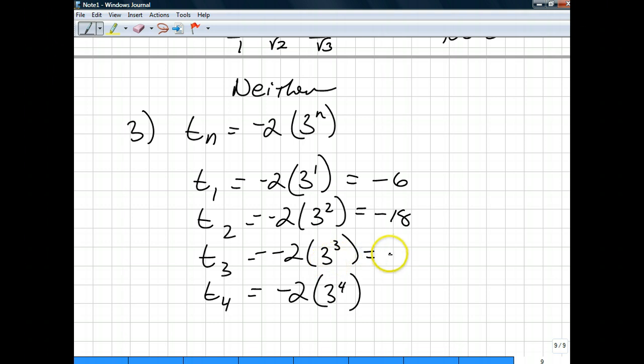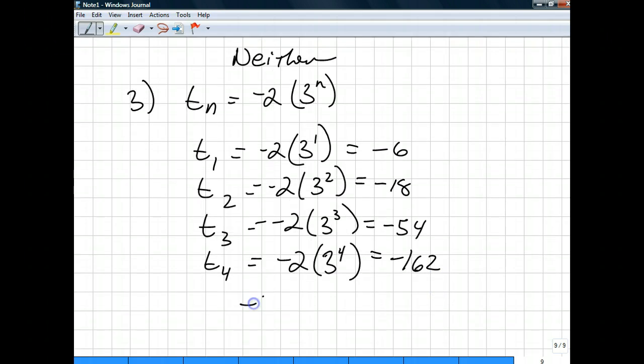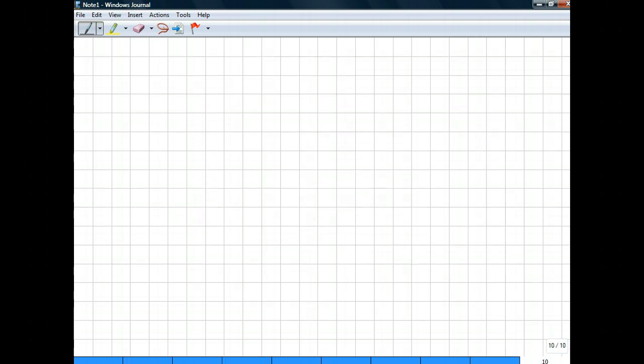This is 27 times negative 2, which is negative 54. And then we have 3 to the 4th, oops, I transposed those there. I'm sorry, it's 3 to the 4th, which gives us negative 162. And so we get negative 6, negative 18, negative 54, and negative 162 are the first 4 terms.